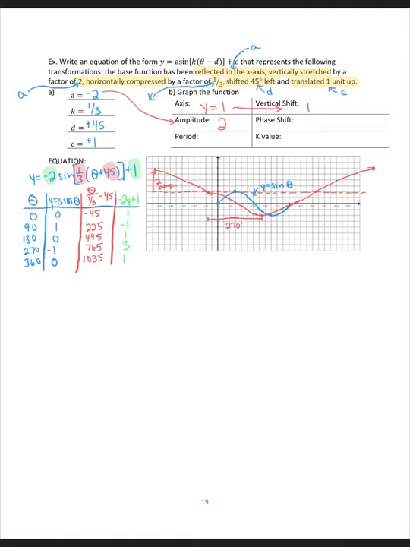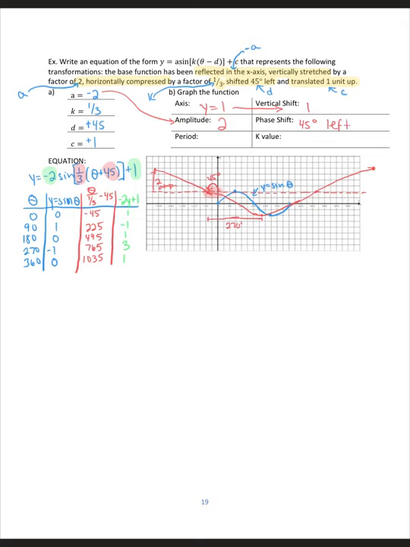And if we look, remember our sine function usually starts at the axis. So this is the closest axis point to my y-intercept. And that looks like it shifted 45 degrees to the left, which you can see means it's a plus 45, which is what our D value is. So our phase shift is 45 degrees left.